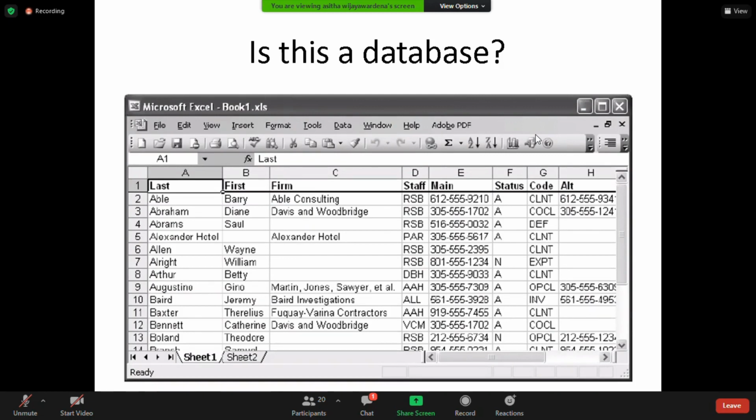What is your answer? If somebody asks a question like this, can you figure it out and say whether it is a database or not? You can justify your answer.